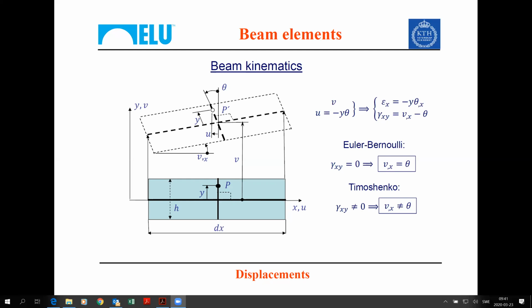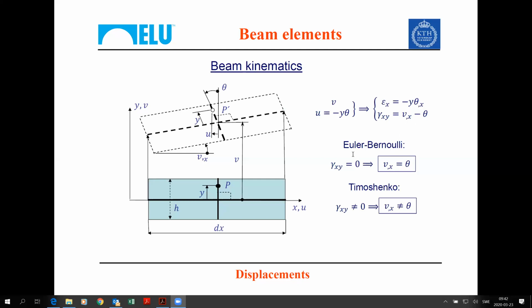And because the cross-section is rotating, at each point along the cross-section we will also have an axial displacement, which is, as shown in the slide, minus y times theta, the rotation of the cross-section. So now we have epsilon x, which is minus y d theta dx, and we have gamma xy, which is dv dx minus theta, in case we want to account for shear deformation.